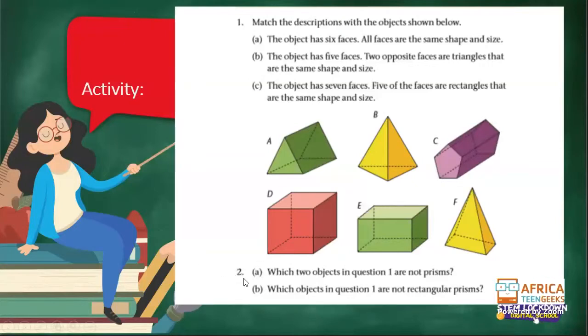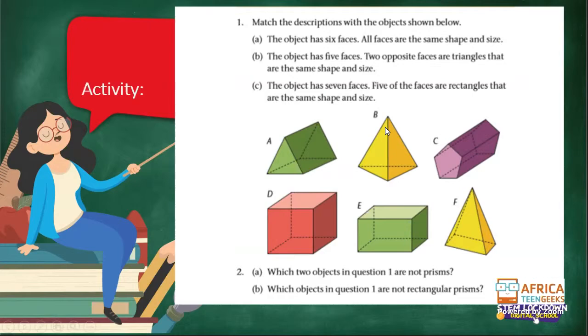All right, now we move on to question 2. Which two objects in question 1 are not prisms? We have A, B, C, D, E, and F. So which two objects in question 1 are not prisms?